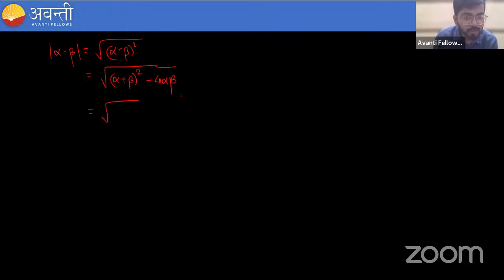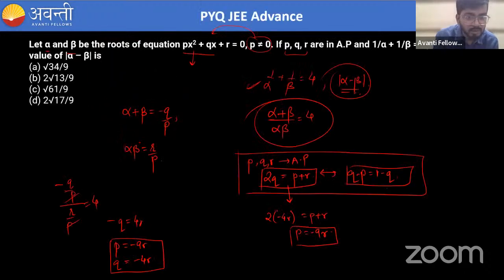So we already know the value of alpha plus beta is minus q upon p whole square minus 4 times alpha beta value, which is r upon p, right? From this relation. Okay.